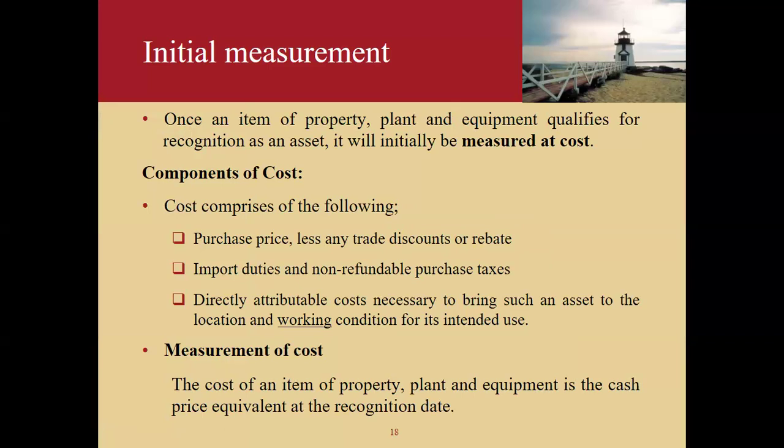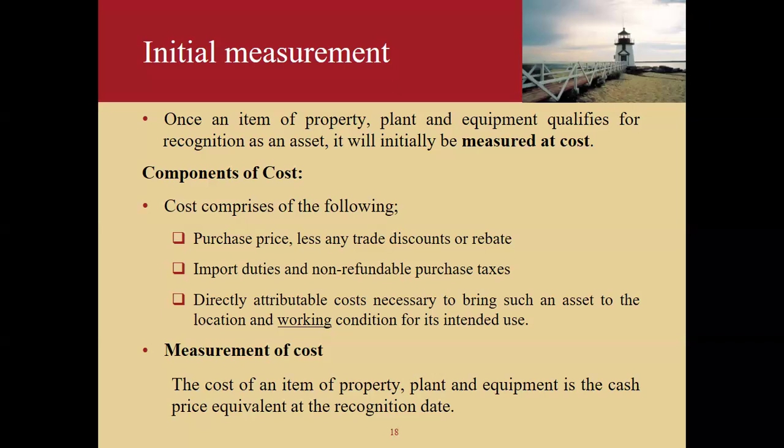Remember, our recognition is that we have determined that there are future economic benefits flowing to the entity, and number two, its cost can be measured reliably. So we've recognized it as an asset, and now we are starting to measure it. Initially, we are measuring it at cost.